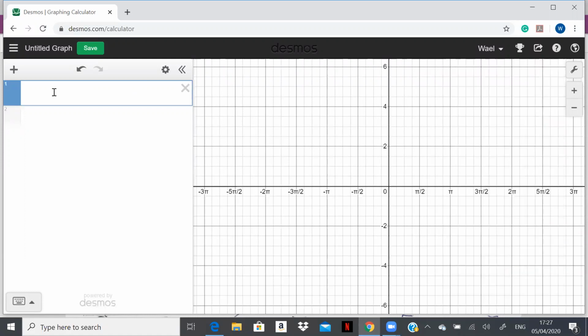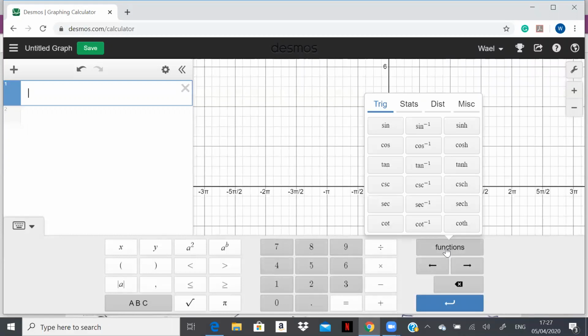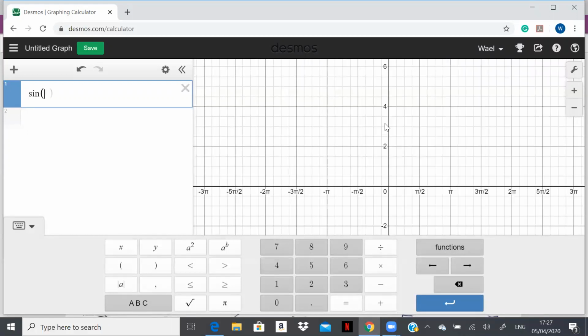You can graph using the keyboard on the monitor: functions, sine, and you put the x. You can even write sine x without brackets.